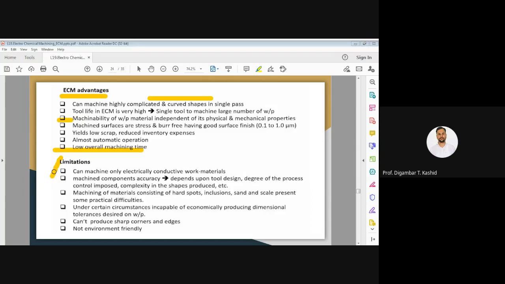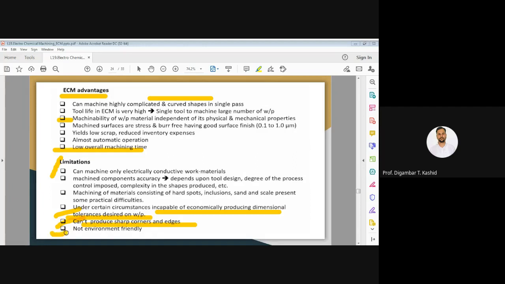Under certain circumstances it is incapable of economically producing the dimensional tolerances desired on the workpiece. Then this process can't produce sharp corners and edges.